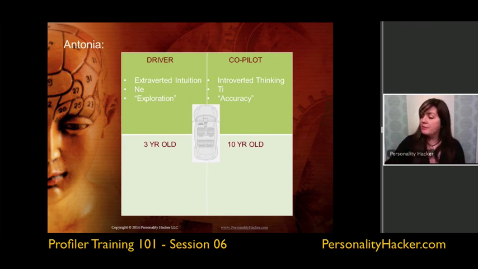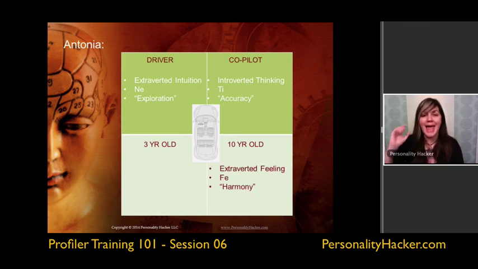Well, if my co-pilot is technically introverted thinking, then that makes my 10-year-old extroverted feeling. It's extroverted feeling. The shorthand for that is FE, and the nickname is harmony. So my 10-year-old is the harmony process, or extroverted feeling. And the same thing plays out with the driver and the 3-year-old.